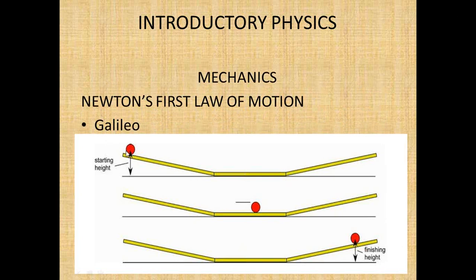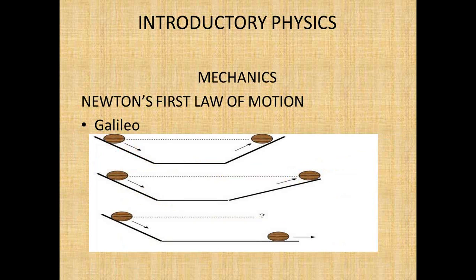And he released a ball, and what he observed was that the ball slid down the incline, and then when it went up this side of the incline, it went up the same height, vertical height, as when it started. Okay, so it went up the same height. That was one of his first experiments.